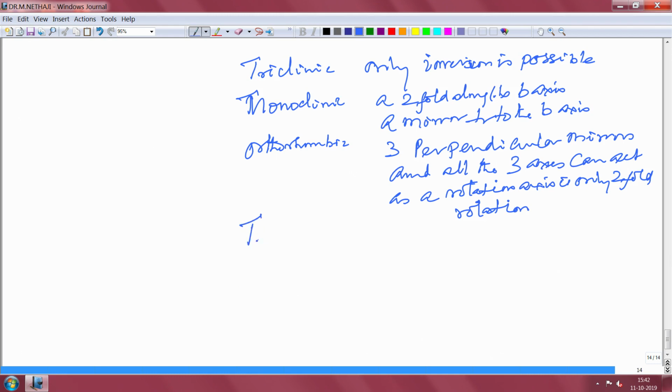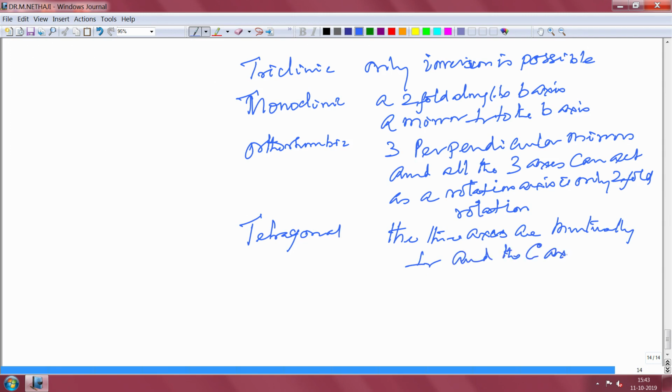When you go to tetragonal, the three axes are mutually perpendicular and the c axis being unique, it acts as a four-fold axis.